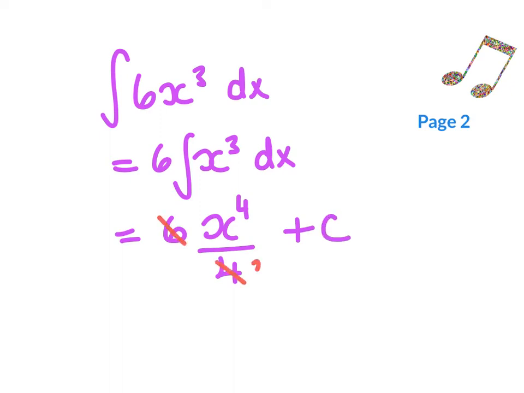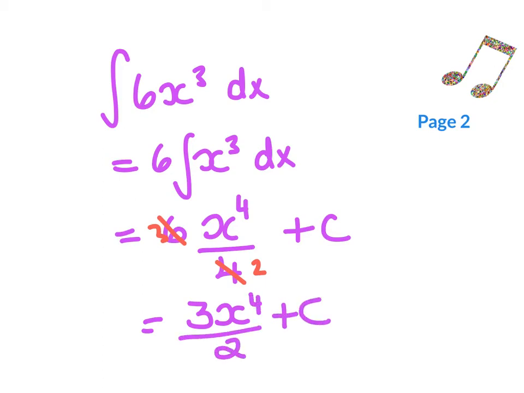I'm going to do a little bit of cancelling there. So I'm going to end up with 3x to the 4 over 2 plus c. Don't forget your plus c.